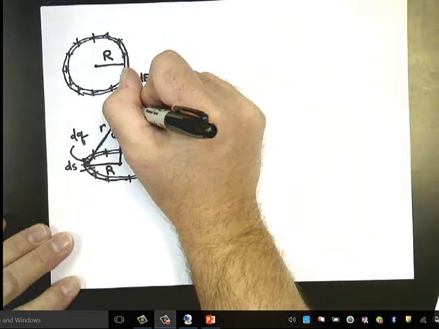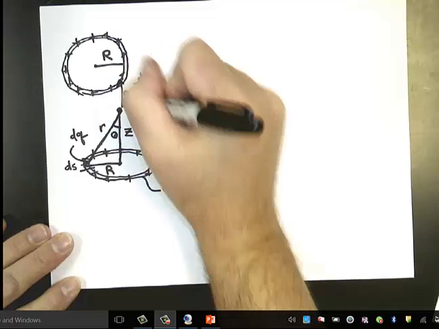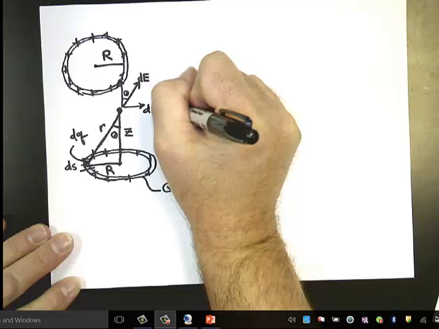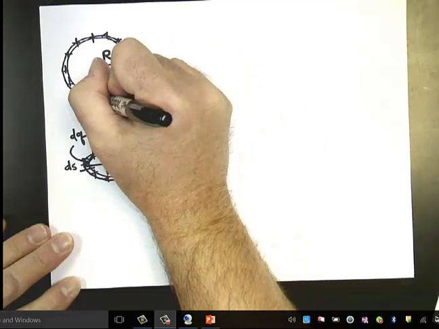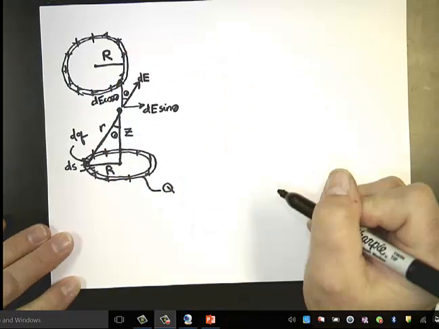If I take this dE and break it down into 2 components, okay, here's my theta. This one is dE sine theta. This one is dE cosine theta, pointing straight up.